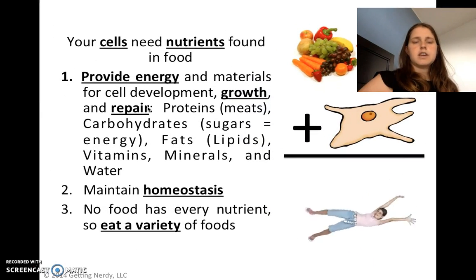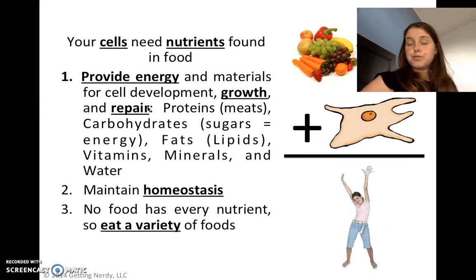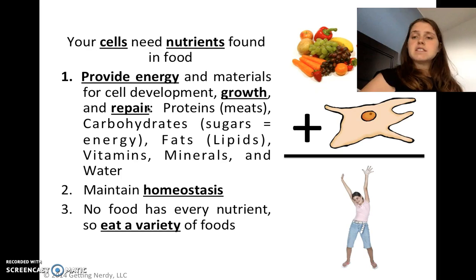All right, so your cells need nutrients found in food. You know that. You eat food to get nutrients. A lot of you say that you eat food to provide energy, and that's 100% true. Food is going to provide you energy and materials for your cells to develop and grow and to repair themselves. Understand that proteins, which come in meat, carbohydrates like sugars, fats or lipids, vitamins, minerals, and water all come from this food we eat.